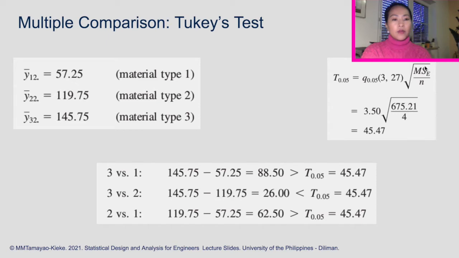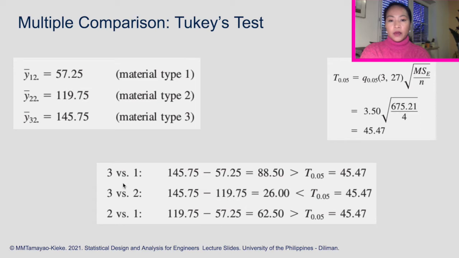Multiply this by the square root of your MSE, which is 675.21, over the number of replicates n, which is equal to 4. And we get T of 0.05 equal to 45.47. Now we compare the difference of the estimates for the material types to this value.